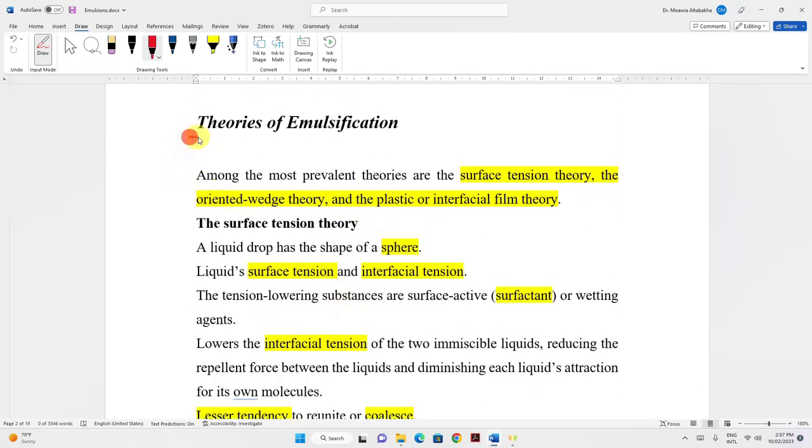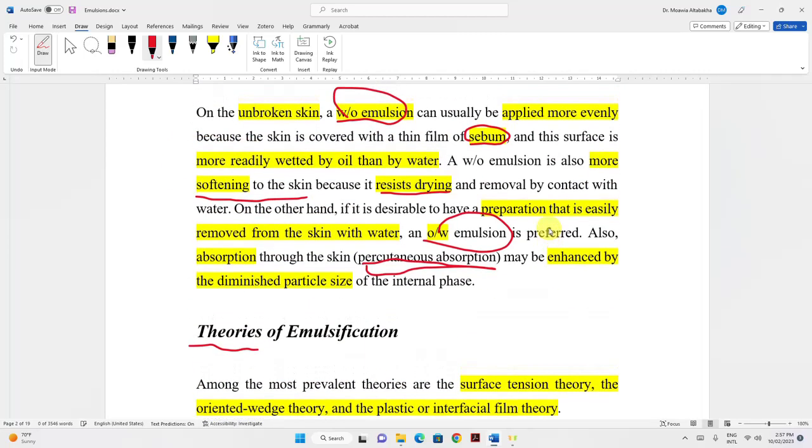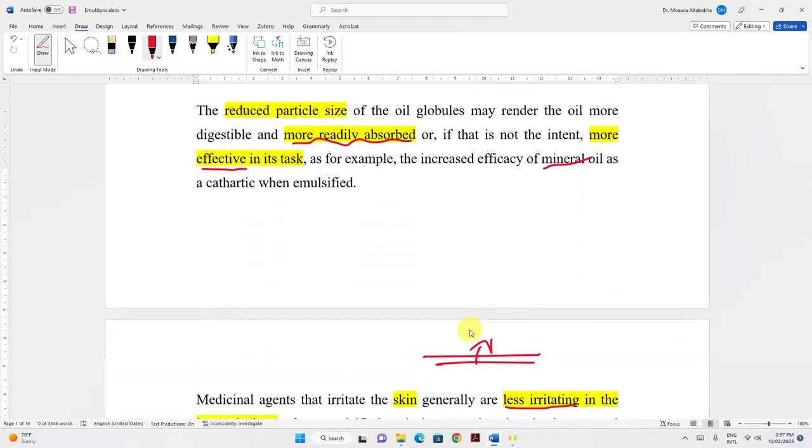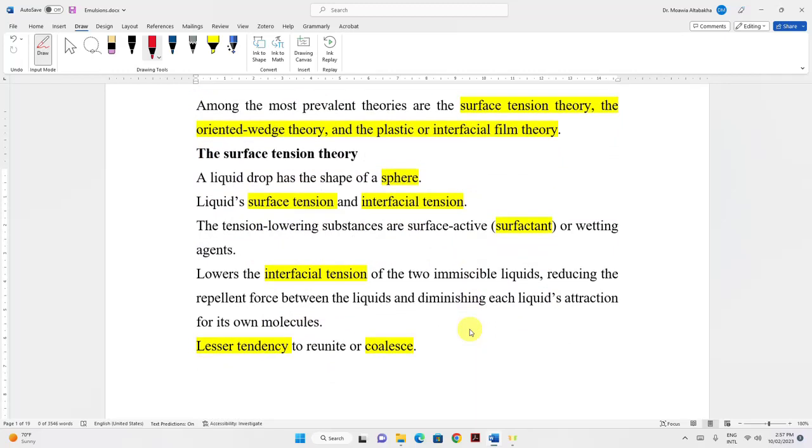Now, theories of emulsification. How will you be able to allow oil and water to mix with each other, forming an emulsion? This is something strange. So we need to know what the theories behind that are. Of course, there are three theories, and to be honest, usually in any emulsion you will find the three working together or in synchrony with each other.